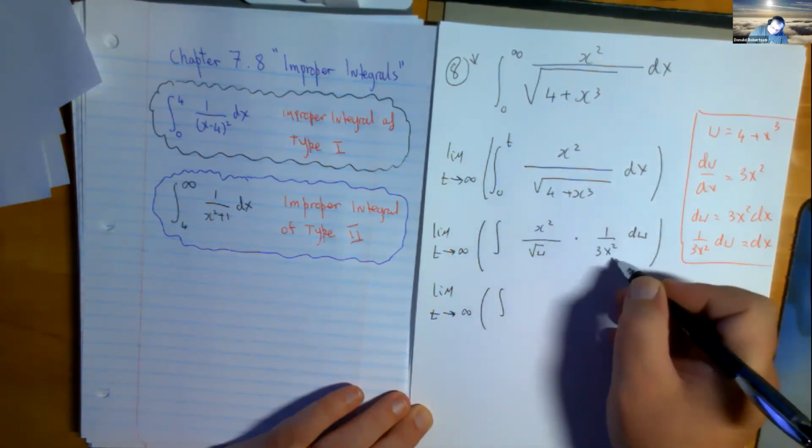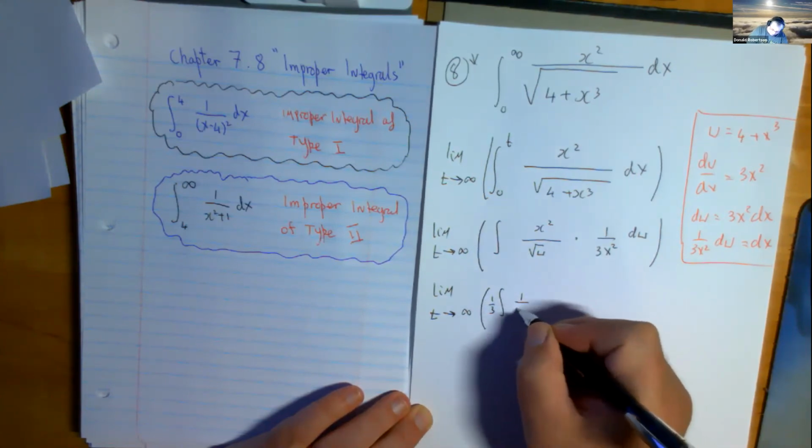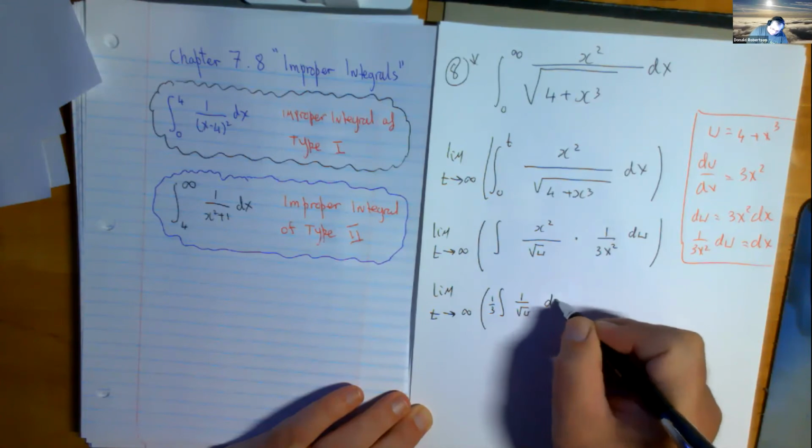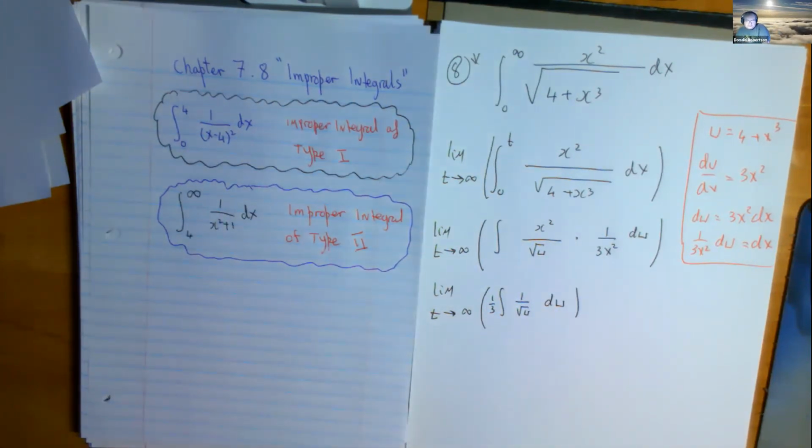These cancel out, and you get a third, which I'm going to stick there because it's just in the road. Right. Okay, we're stuck with a 1 over square root of u guy.